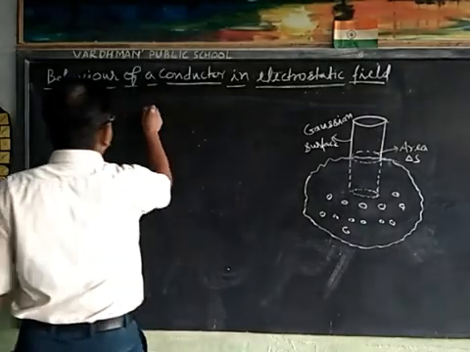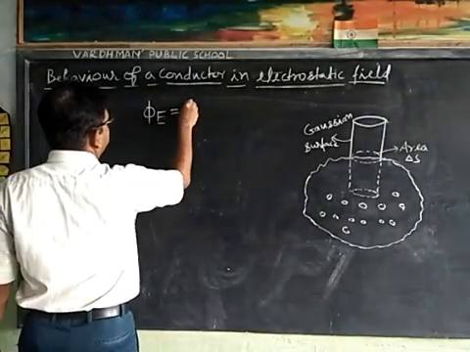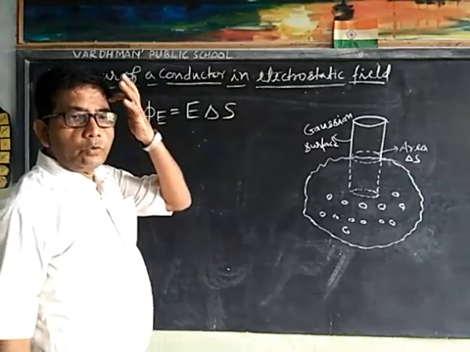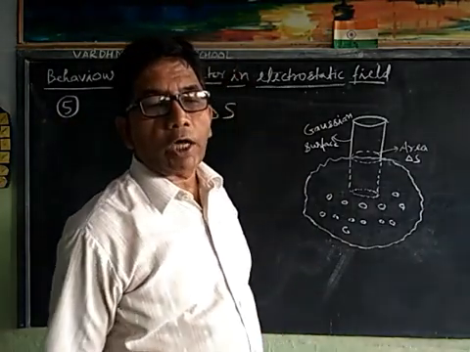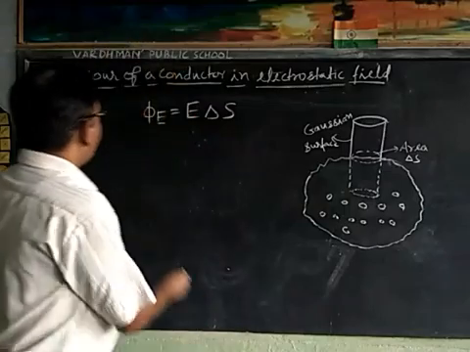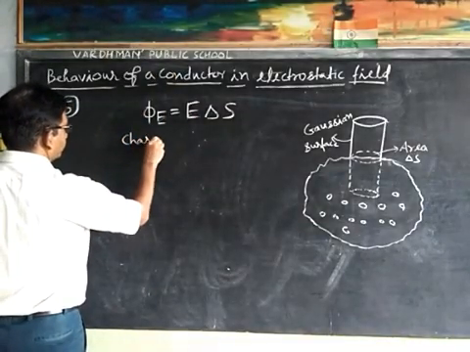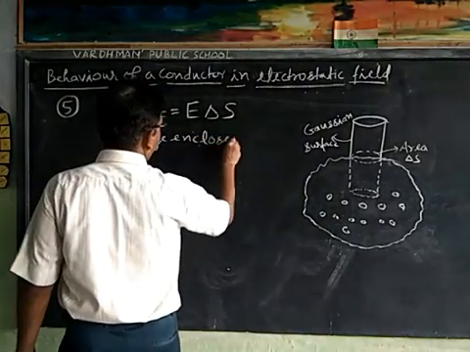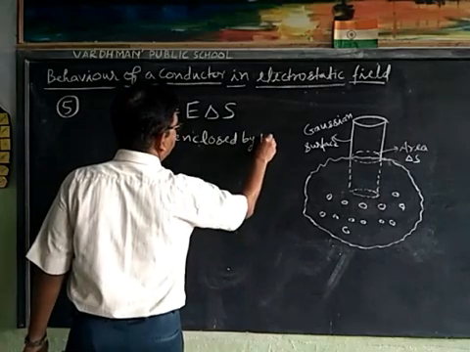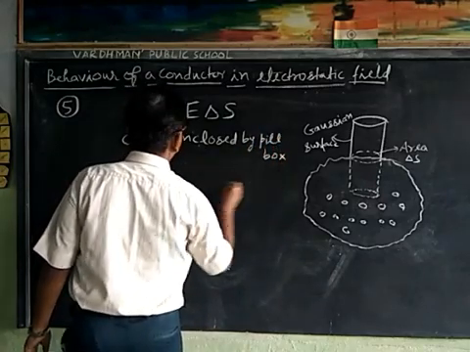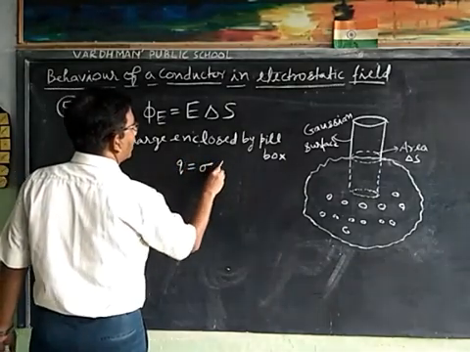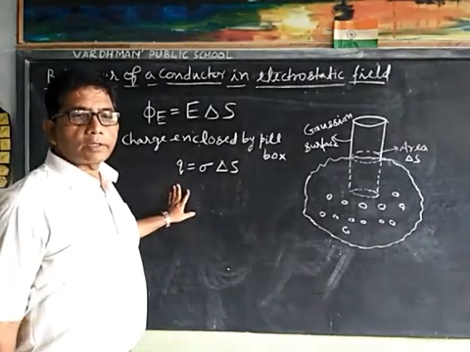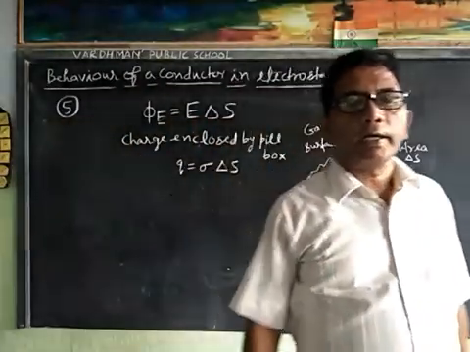Now phi E is equal to E delta S. Now the charge enclosed by the pillbox, Q, is equal to sigma delta S.